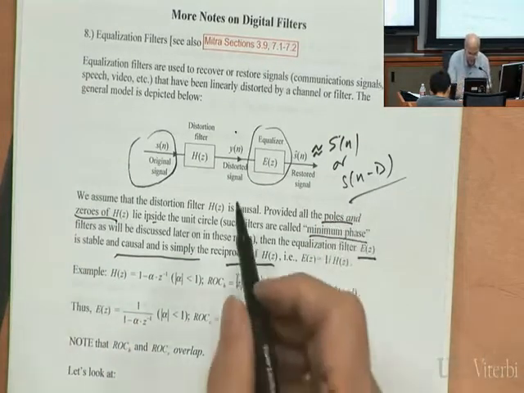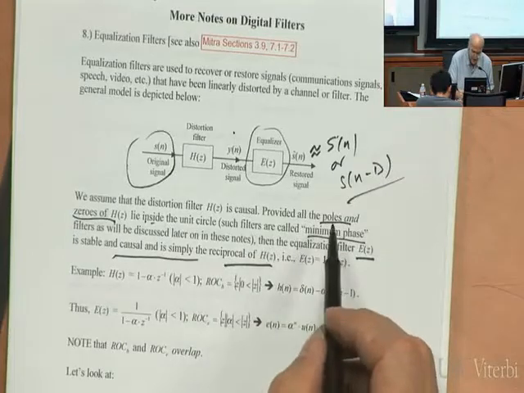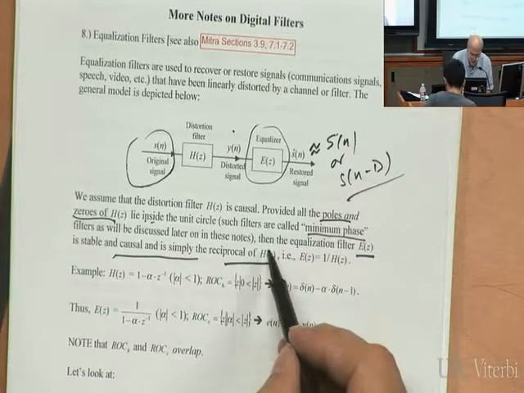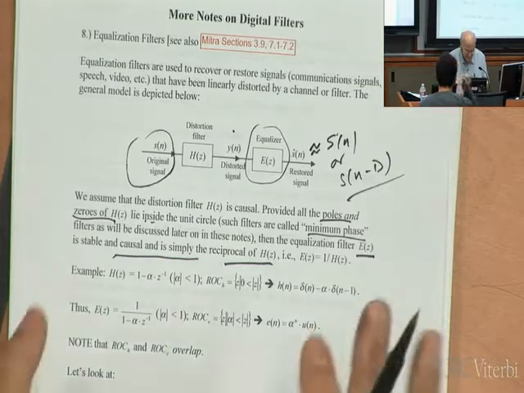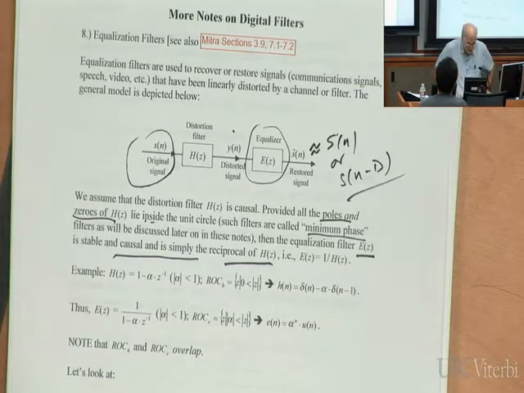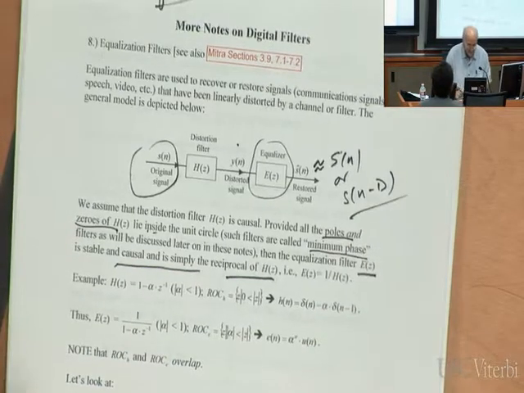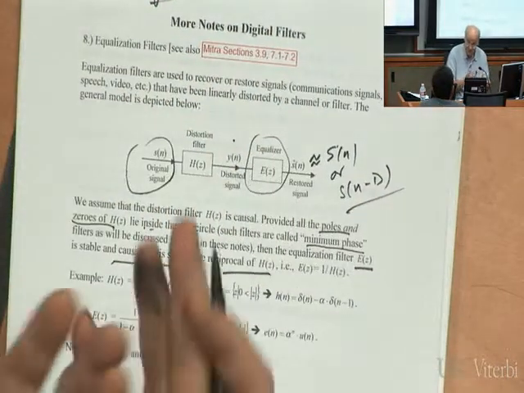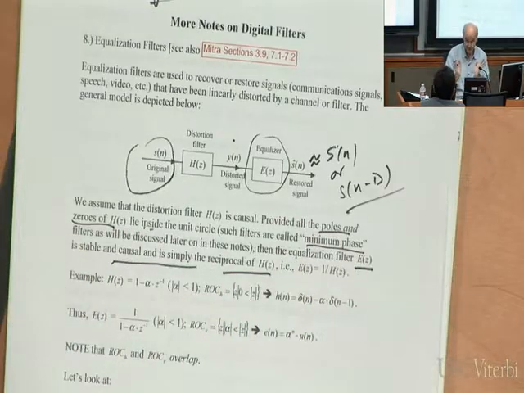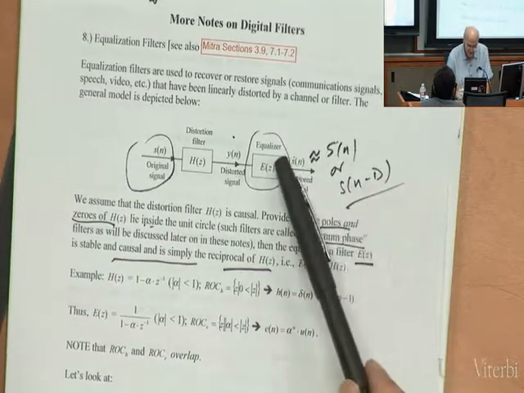In any case, provided all the poles and zeros of H, then the equalization filter is stable and causal. Don't you all agree, you three people, and those listening out in TV land, that if we're going to build a filter to equalize this signal, it'd be nice if it were causal and stable? Agree with me on that?